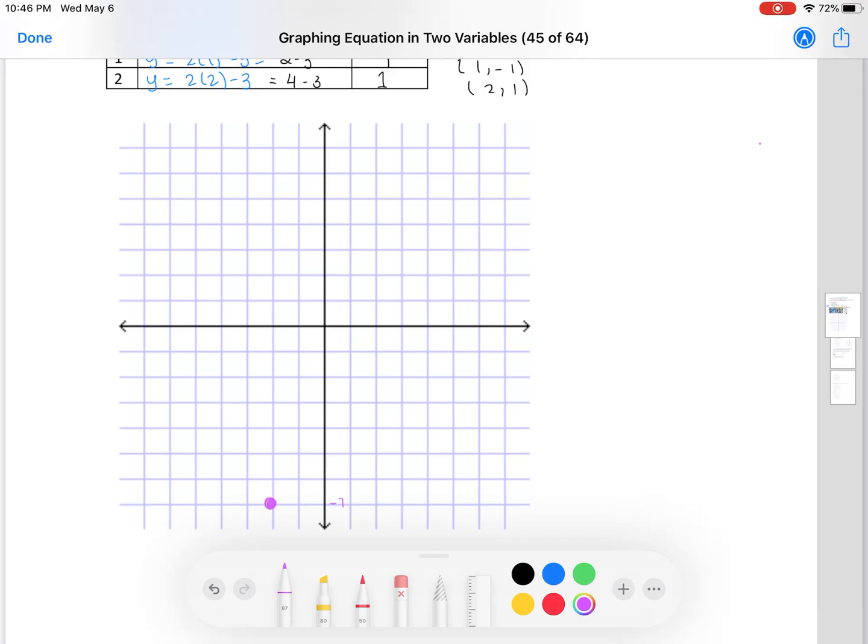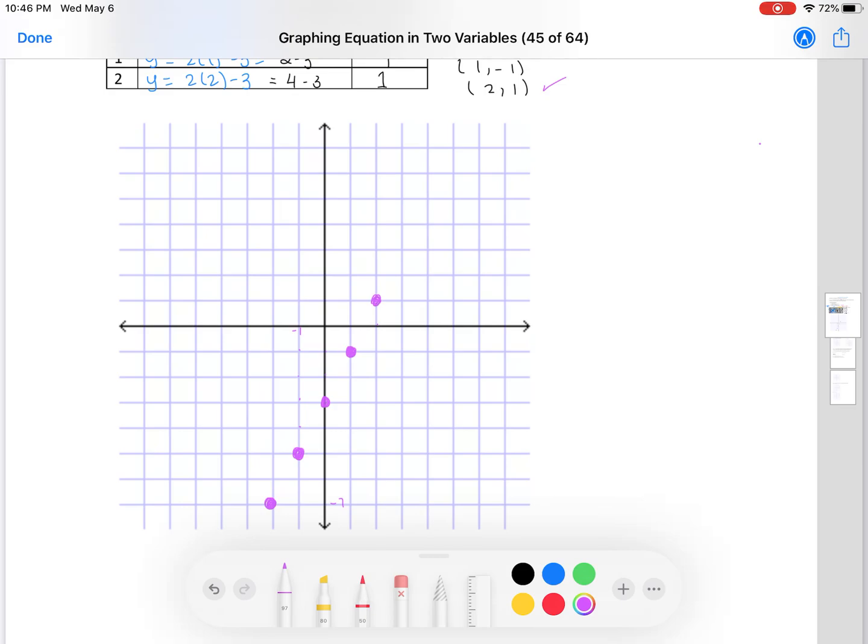Now we have negative 1, down 5, 1, 2, 3, 4, 5. 0, down 3, 1, 2, 3. And 1, negative 1. And lastly 2, comma 1, 2, up 1.